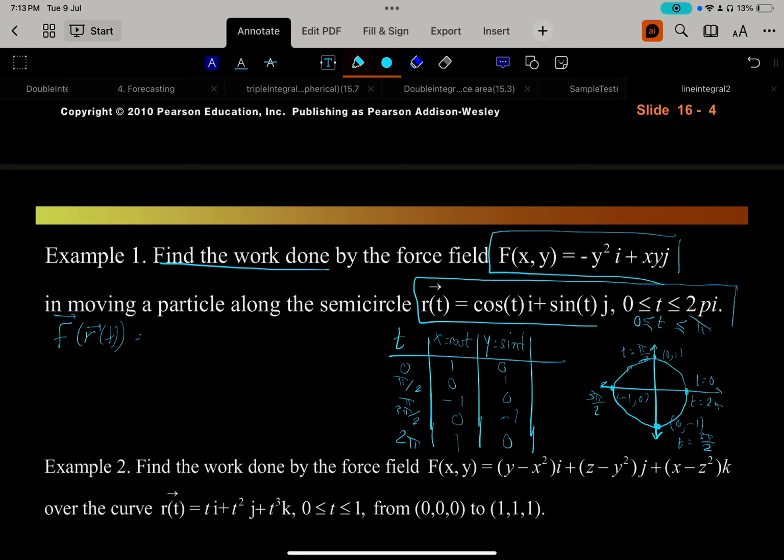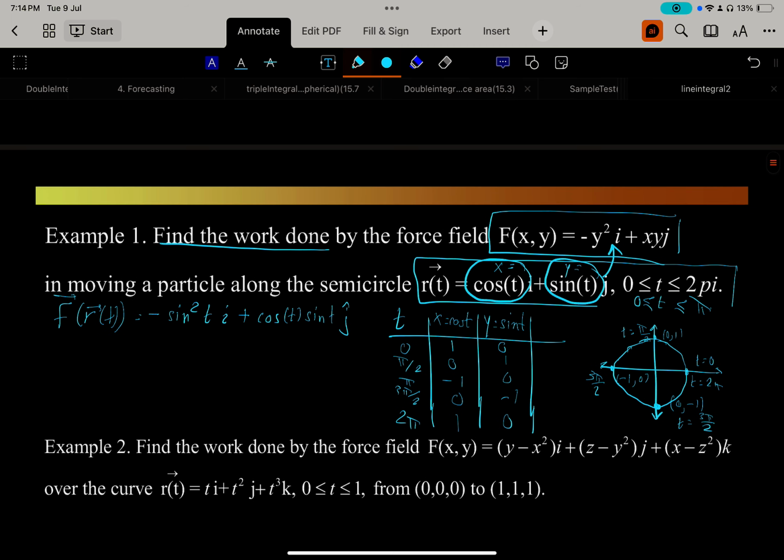So in r, this is x and this is y, and so minus y squared is just minus sine squared of t times i. And then plus x, which is cosine of t, and then y is just sine of t, times j. So we took this x and this y and substituted that back into F of x, y. And this is F of r of t.